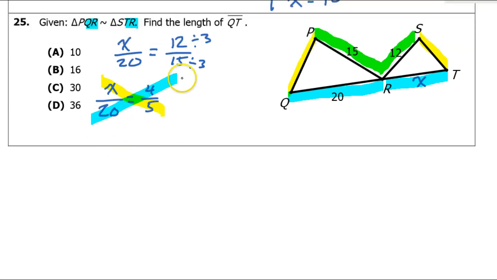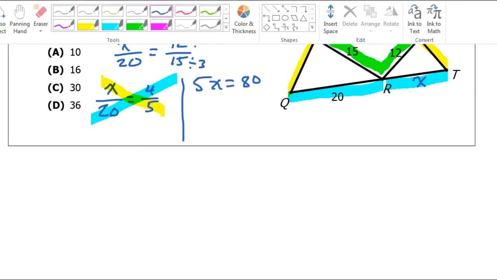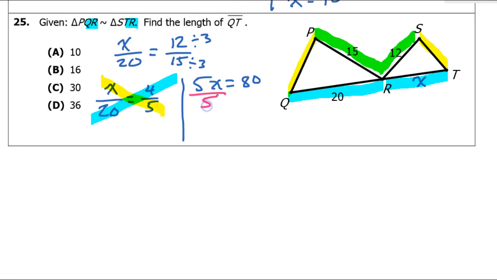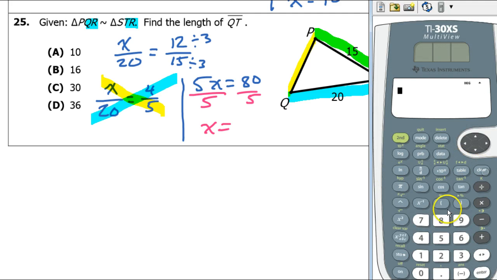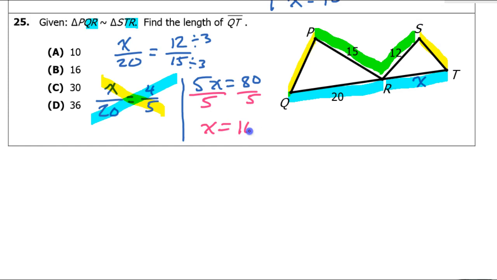So I'm going to have 5x is equal to 80. And then, of course, I will divide both sides by 5. And that is 16. Now, that is not the answer, because that is x.